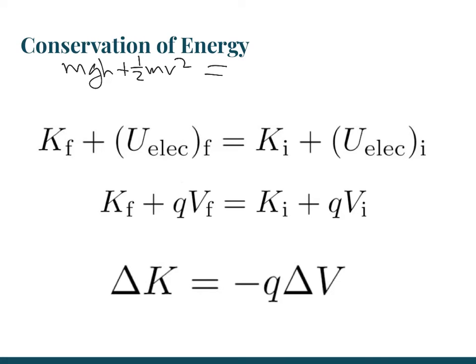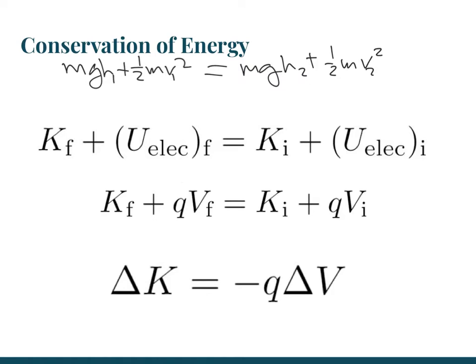So this would be like mgh1 and 1/2 mv1 squared is going to, as a total, equal the same mass times gravity at a later height plus 1/2 mv squared of a later speed. So over the course of the roller coaster, the total energy never changes. It just changes on which type has more, kinetic or potential.